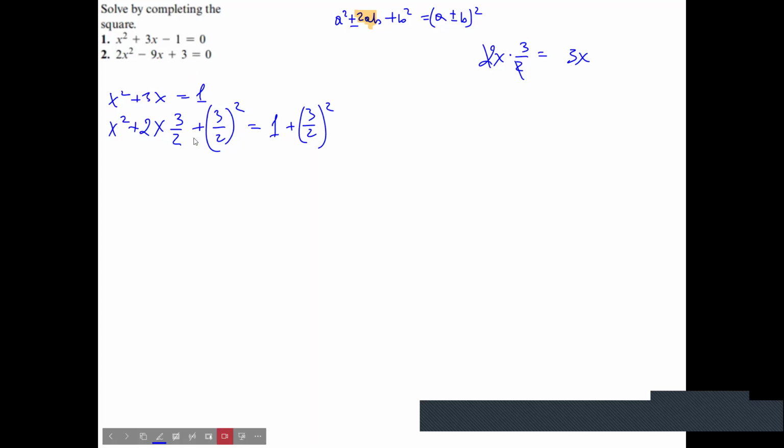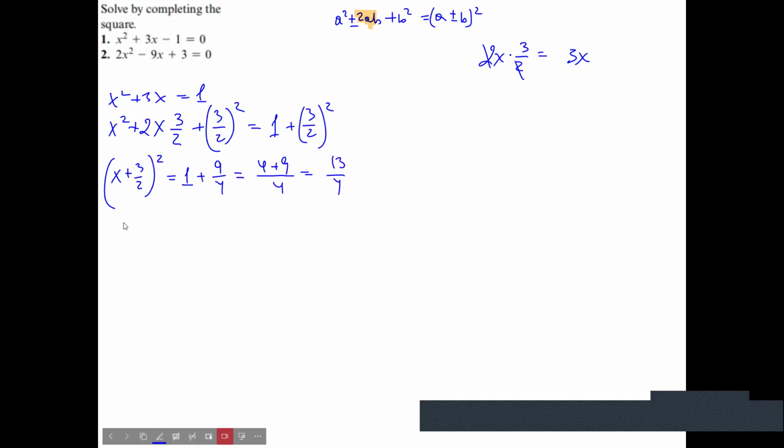Okay, so now I add b squared, where 3 over 2 is b. Now if I add it to the left side, I should add it to the right side. So x plus 3 over 2 squared equals 1 plus 9 over 4. I just continue here. What is it? 4 plus 9 is 13 over 4.